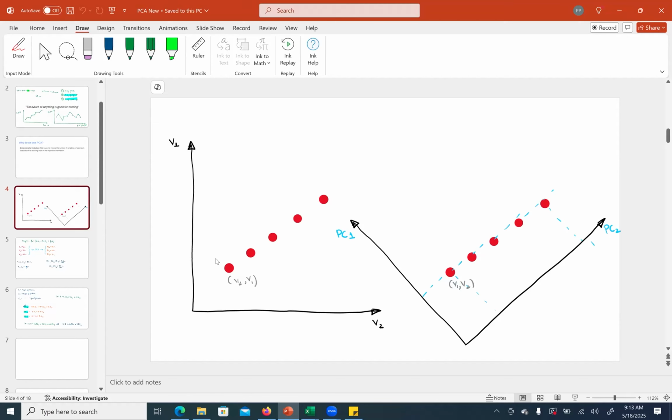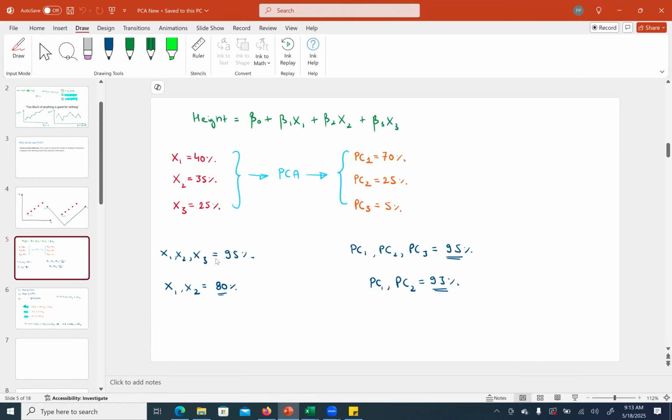What PCA does is PCA combines different variables, okay, and creates new variables. So if I give 3 variables as the input, PCA will give 3 variables as an output. Okay. But if I'm giving 3 variables as input and getting 3 variables as output, then where am I reducing the number of variables?